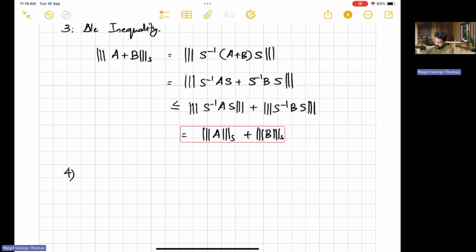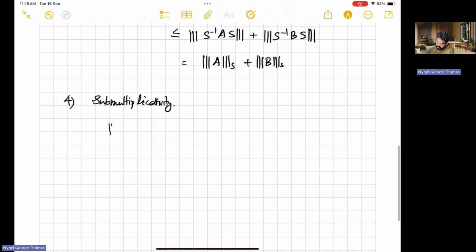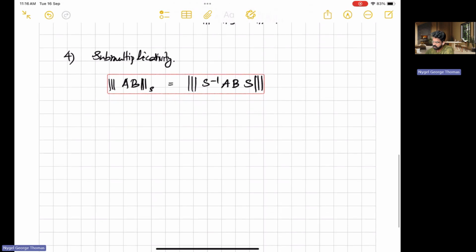Now let's look at submultiplicativity. What we have to prove is that the S norm of AB is less than or equal to the product of the S norms. Let's recall the definition. This is the norm of S inverse ABS, where this is a valid matrix norm.